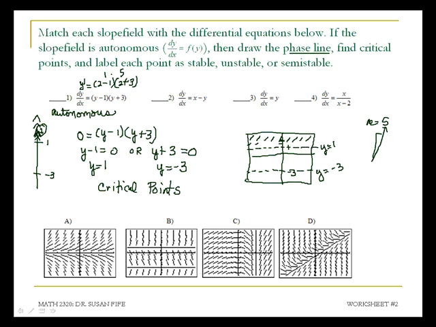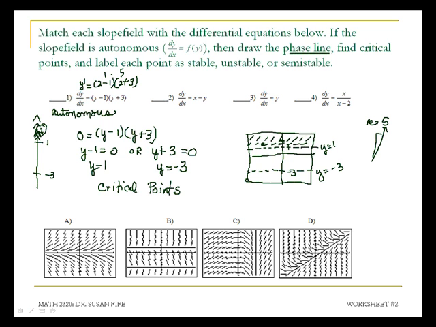And I know that it's leveling out as it gets closer. So in between this value of 2 and y equals 1, I'm going to show that the line is leveling out. We can see that above y equals 1, if I start at any point, my line is going to go up and to the right.